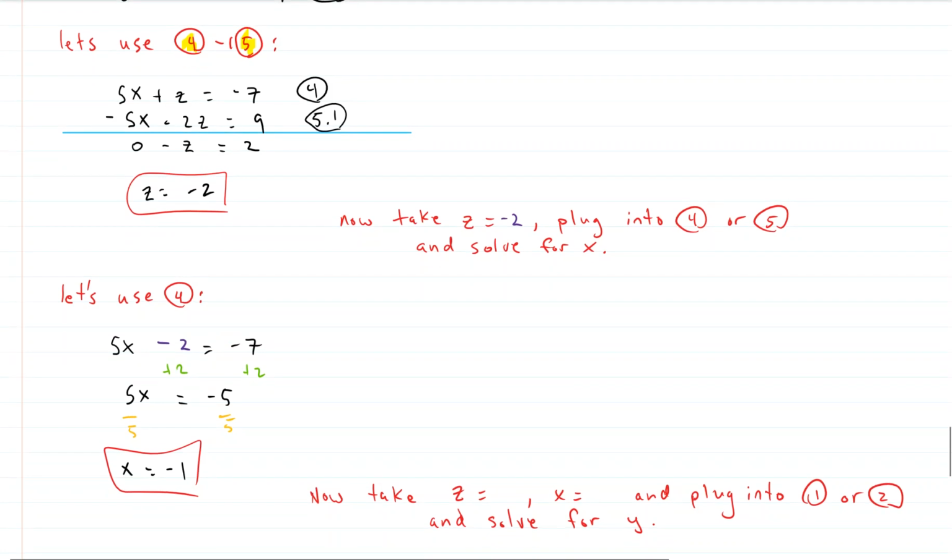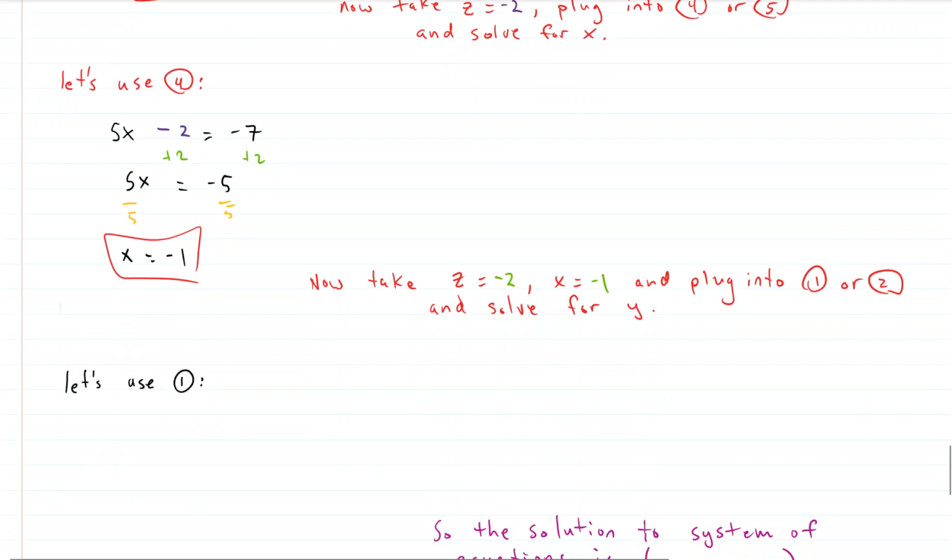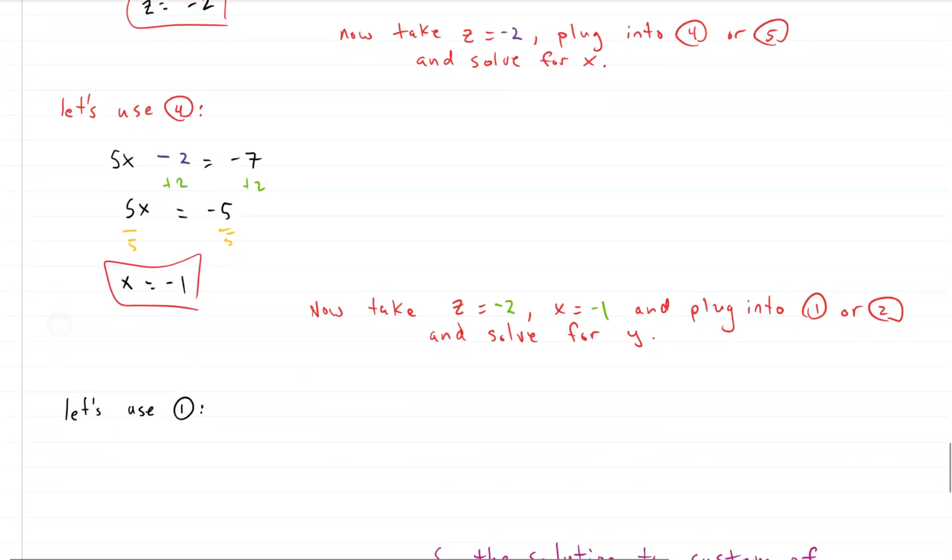Now we can take these two values that we know, z equals negative 2 and x equals negative 1, and plug those into equation 1 or 2 from the beginning and solve for the remaining variable, which is y. This is called the back substituting part. So let's use equation number 1.